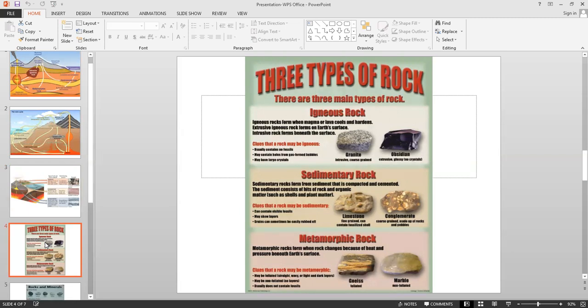For the sedimentary rocks, we have the limestone. Do you have more examples, Madam Kushima? You can give us some of the examples, because I think this one is to summarize.